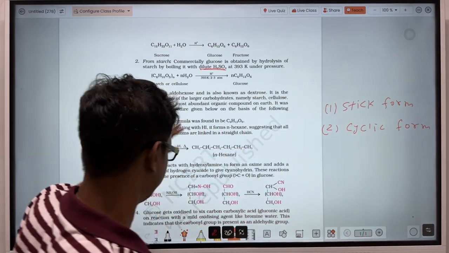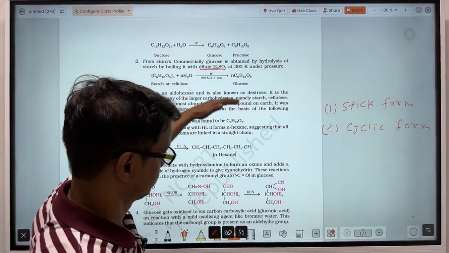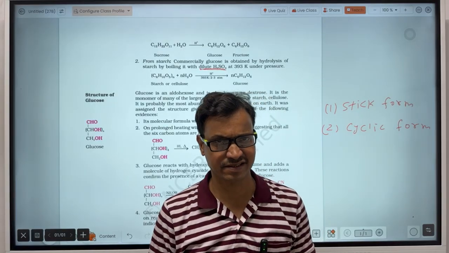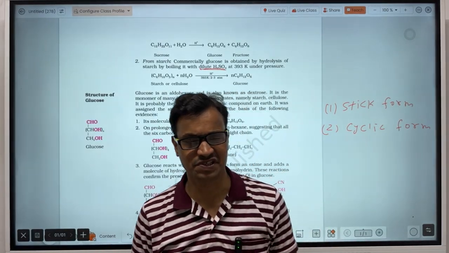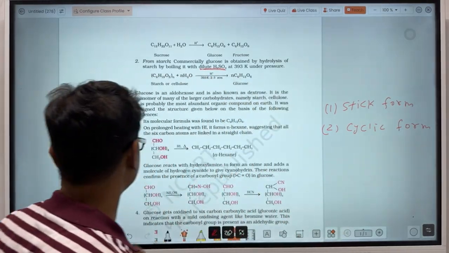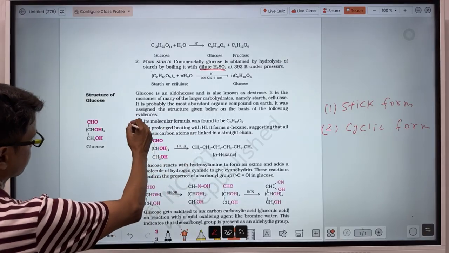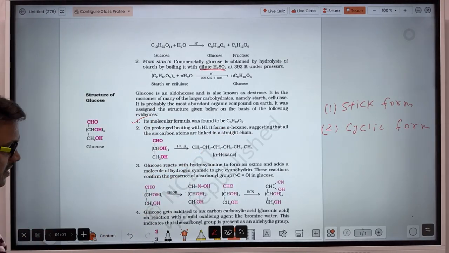There are some reactions which indicate that glucose has an open structure, and that's why the open chain form has been proposed. Let's see first of all what the reaction is. Its molecular formula is C6H12O6, and the reaction is given here.